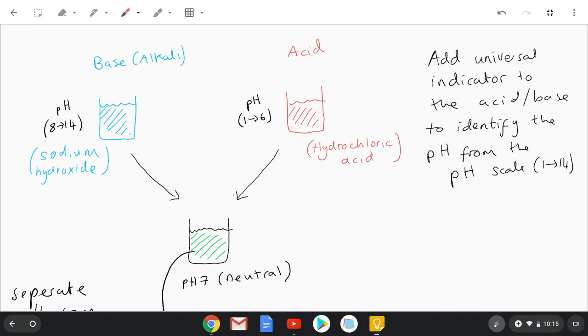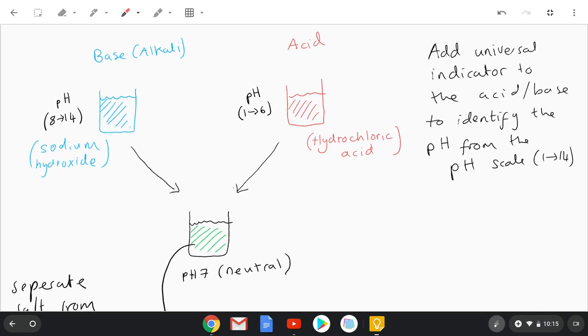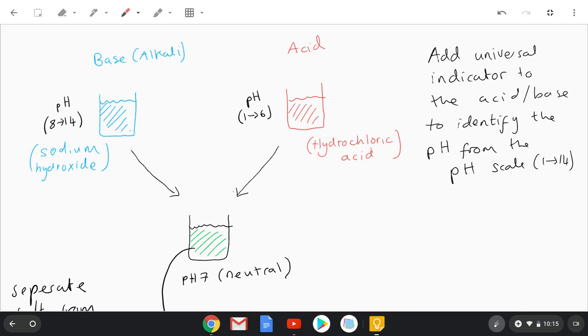It will turn green. That indicates to us it's a pH 7. And as soon as we see that green color appear from the universal indicator that we put in, we know that we have neutralized the reaction. The acid has completely cancelled out the base to produce an overall pH of 7.